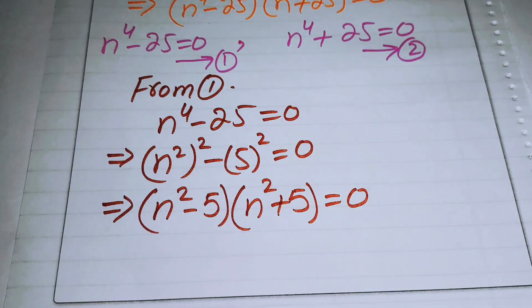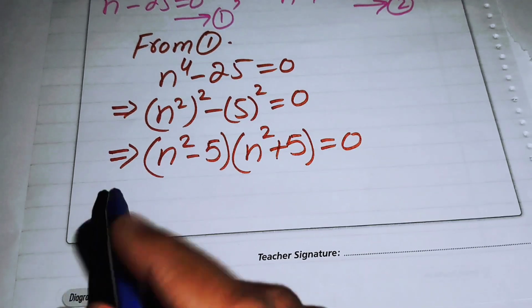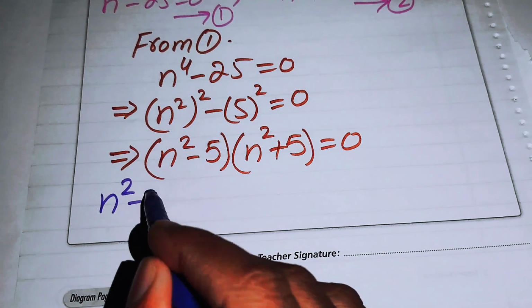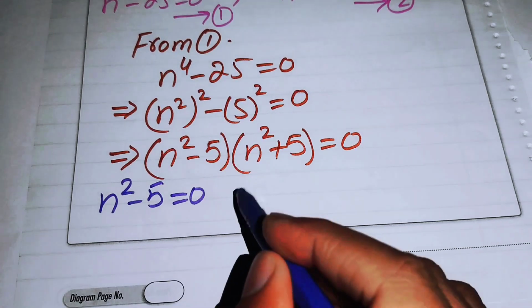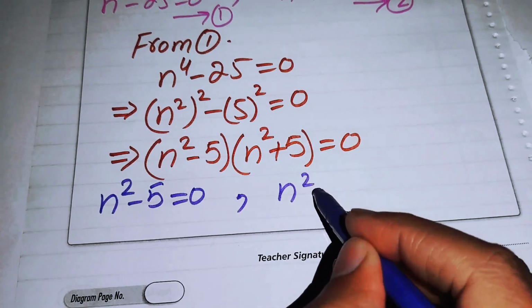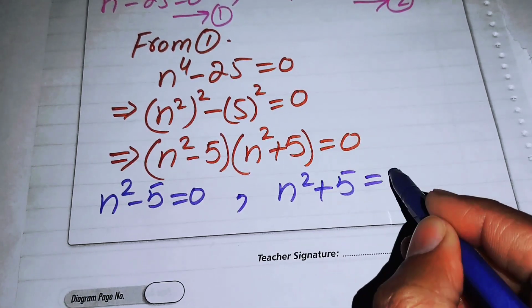In the next step we again have two cases: the first case is n squared minus 5 equals 0, and the second case is n squared plus 5 equals 0.